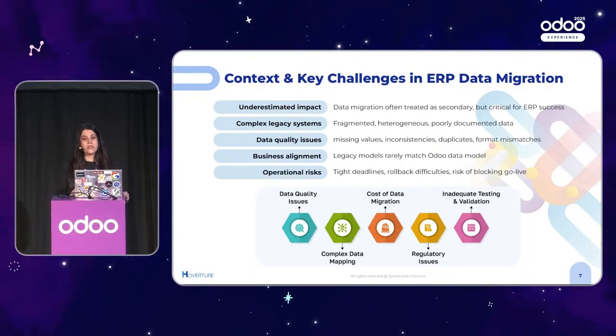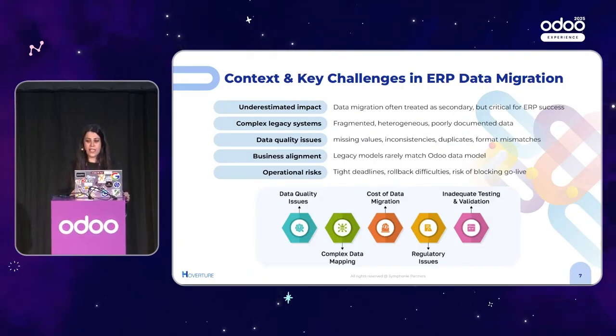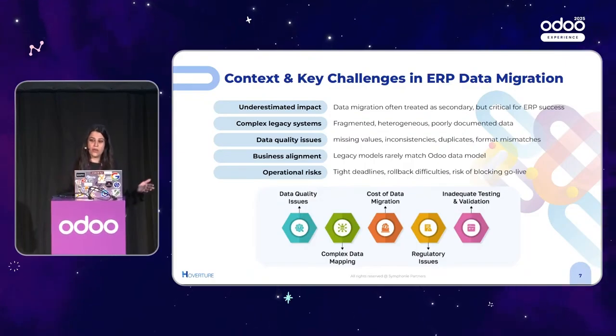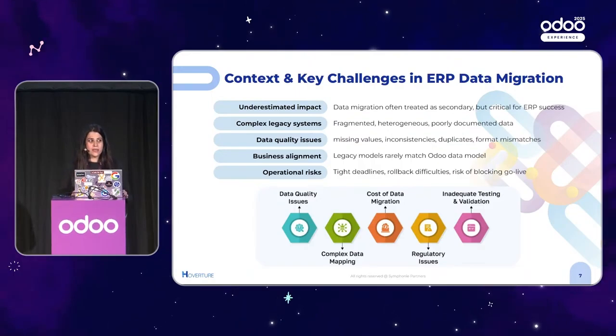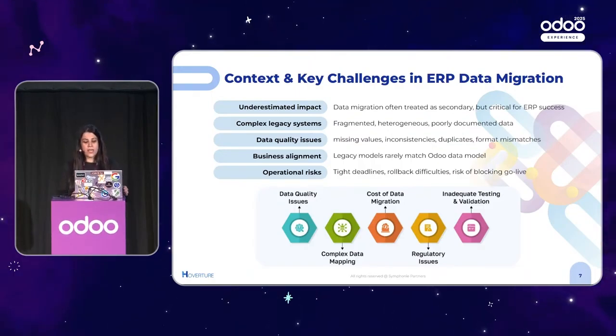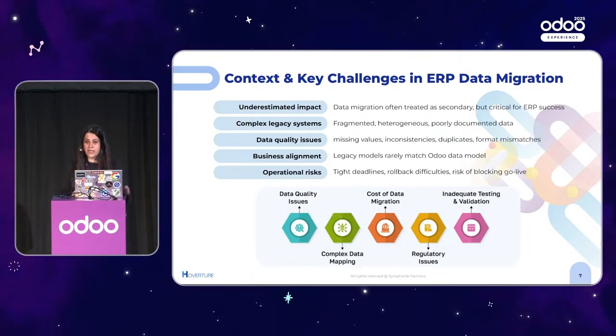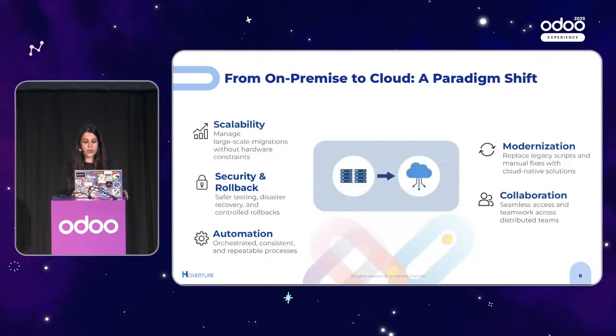And of course we also have tight deadlines always, and this is a crucial point because sometimes, if you don't treat data migration with the right importance, a tight deadline can risk blocking the go live of the project. So we made a solution that has been built over time to try to mitigate this kind of risk, and we will see in the slides all the steps that we need to have to bring a successful data migration.